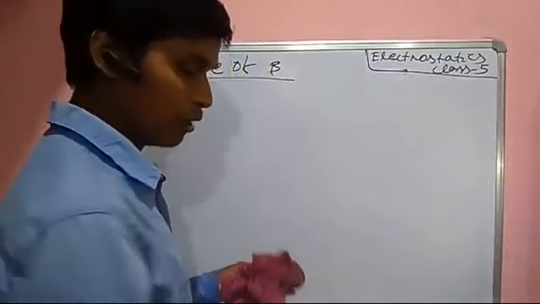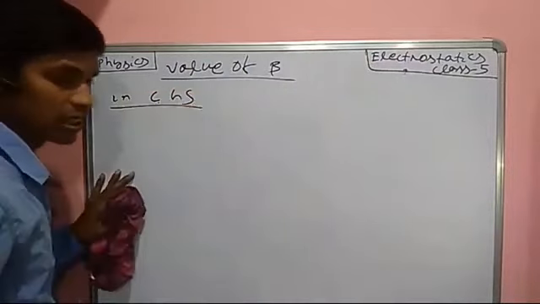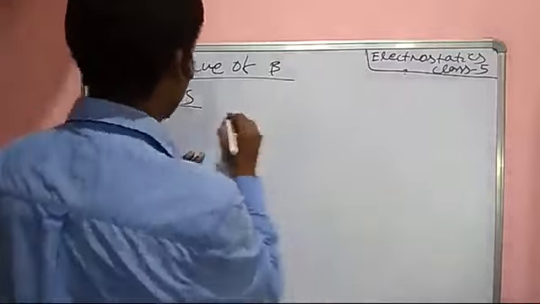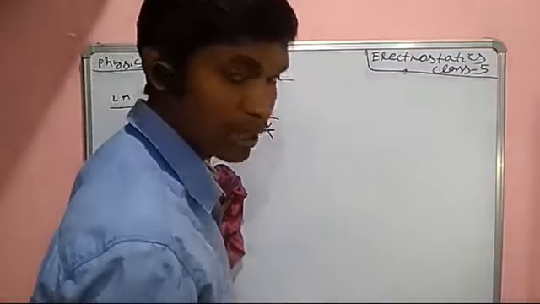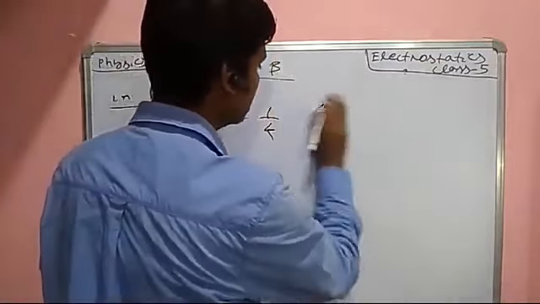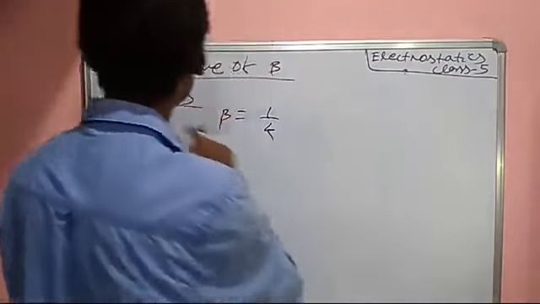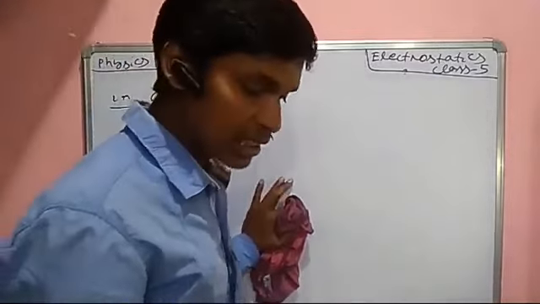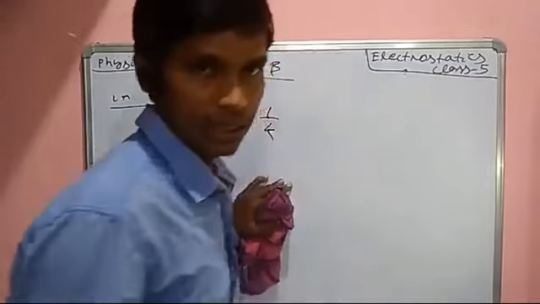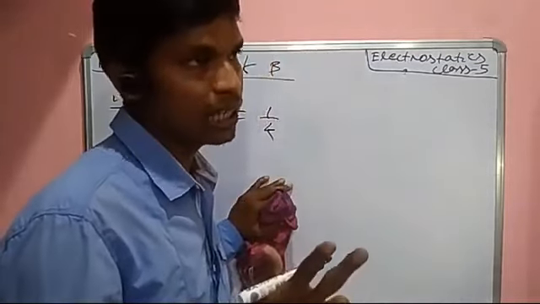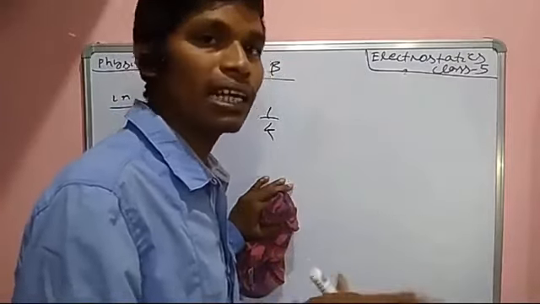That means the value of beta in CGS is equal to 1 by k. Beta is 1 by k, where k is in the ESU system. CGS has two types: electrostatic unit, ESU, or electromagnetic unit, EMU.